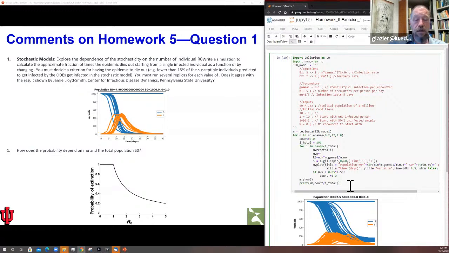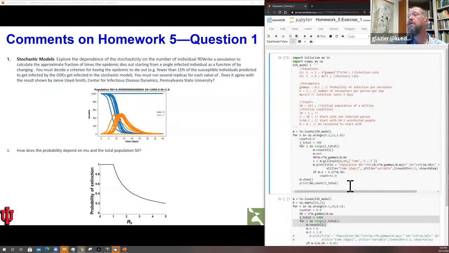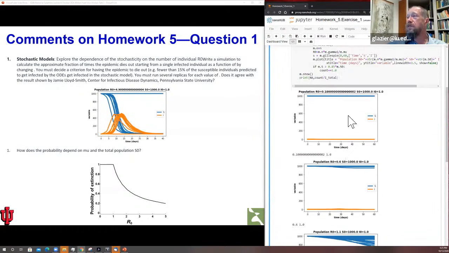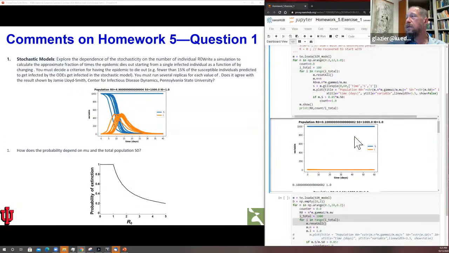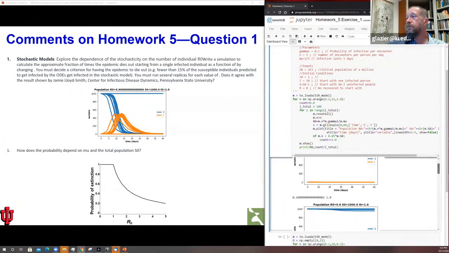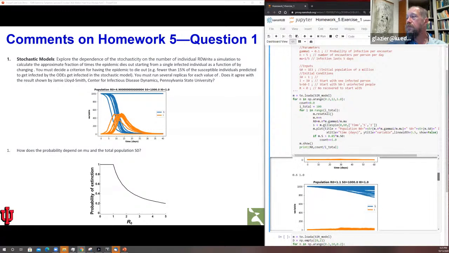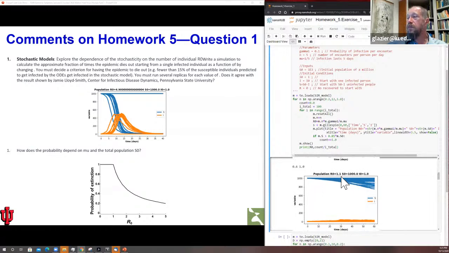Okay, try that. Everybody try that. See, if R naught is very small, it always fails. R naught's just a bit above 1. The way we've defined it is probably counted as a failure anyway.